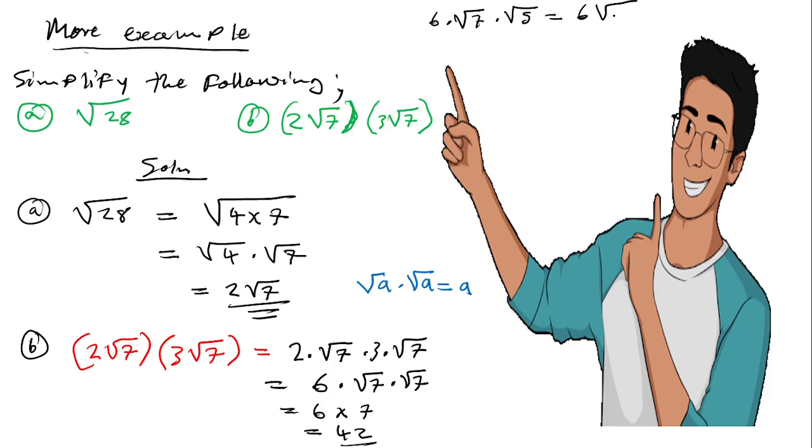Then you say square root 5 times square root 5, it's simply 5. So you write 5. Then you say square root 5 times square root 2, it's just simply square root 5 dot square root 2. Then you go again, square root 2 times square root 5.